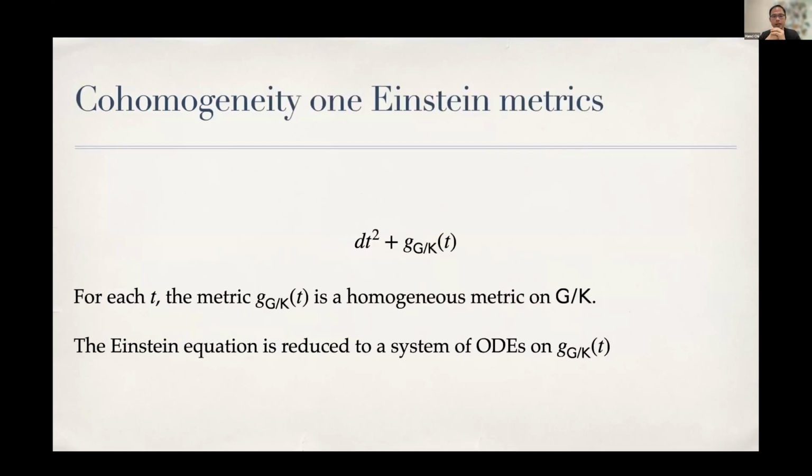Here is the more explicit formulation. The t here parameterizes the one-dimensional orbit space, and for each t you have a homogeneous metric defined on the principal orbit. Of course, you need to consider the initial and terminal conditions for the homogeneous metrics on the principal orbits to collapse.